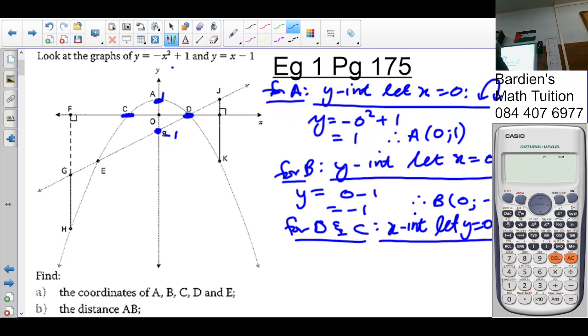So what do I say? 0 equals negative x squared plus 1. So solve for x for me quickly.